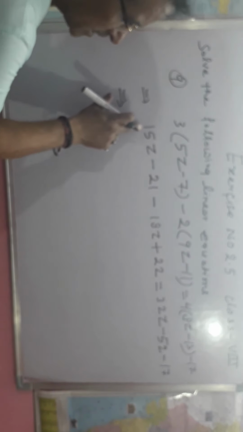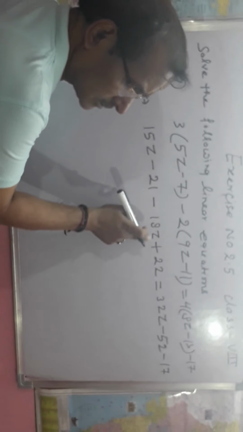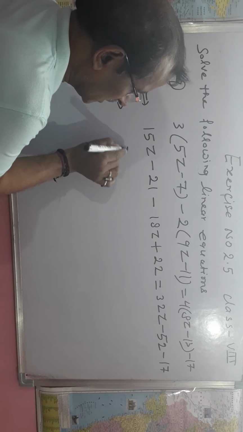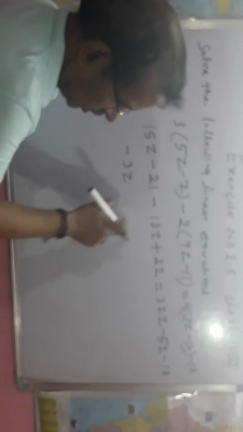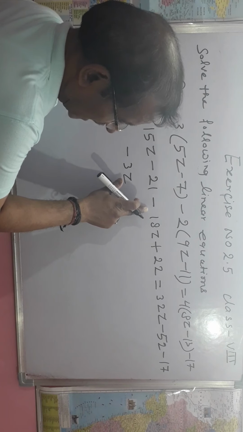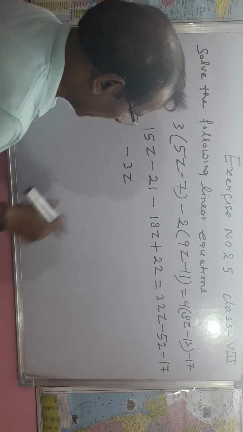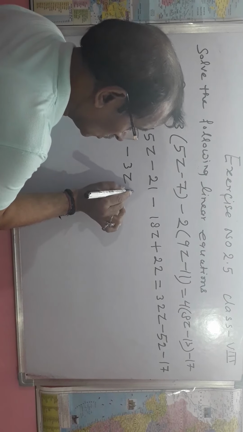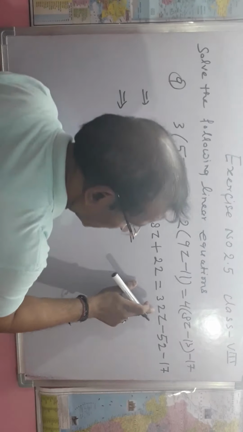Now 15z minus 18z, we get how much? We get minus 3z, because 18z is minus and 15z is plus. Minus 21 plus 22 we get 1, is equal to 32z.